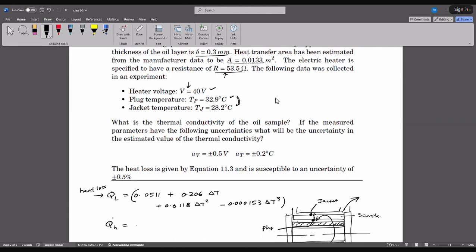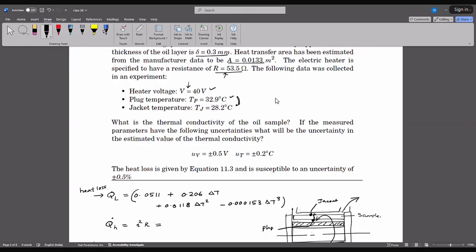The rate of heat transfer will give you I square into R, that means per unit time, joule per second.